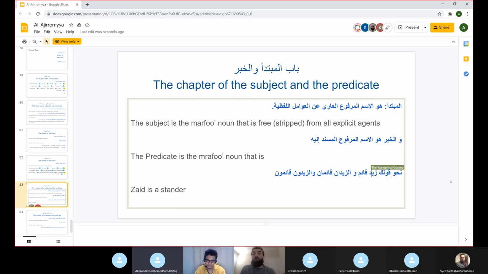Now, if you look at the Arabic, do you see anything else before Zayd? There is nothing before Zayd, right? Well, I'm talking about the sentence Zaydun qa'imun. Let's exclude the first part. Do you see anything else before Zayd? Zayd is the only thing, right? Yeah.